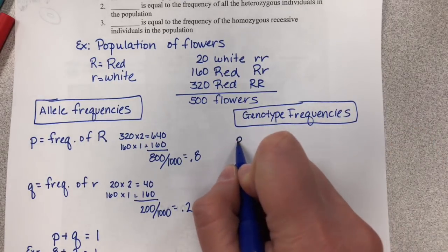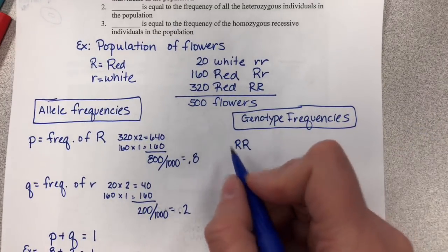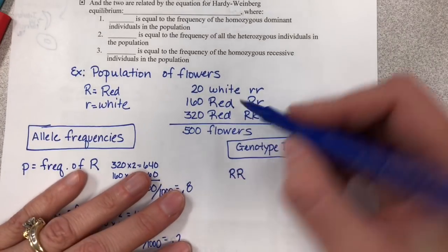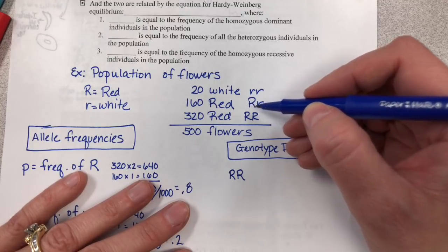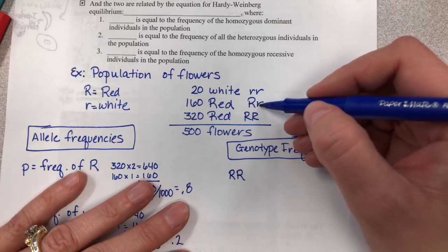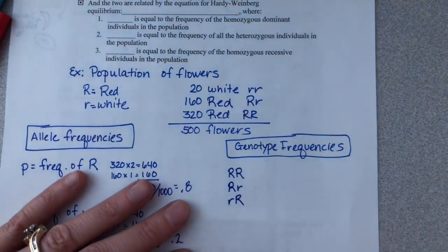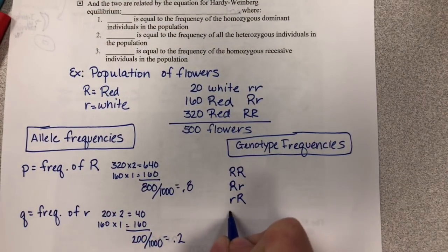We have big R, big R, and we have big R, little r, but we're going to write big R, little r twice because there are 2 ways that you can inherit and be a big R, little r. You could have gotten the big R from mom and the little r from dad, or vice versa, the big R from dad and the little r from mom. And then lastly, we can have little r, little r.